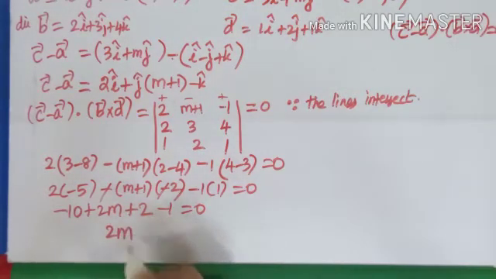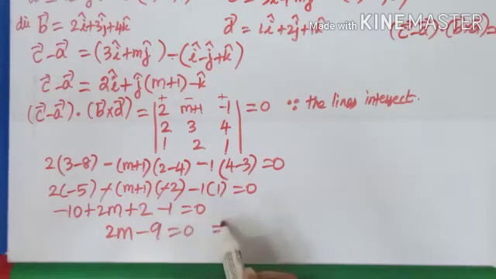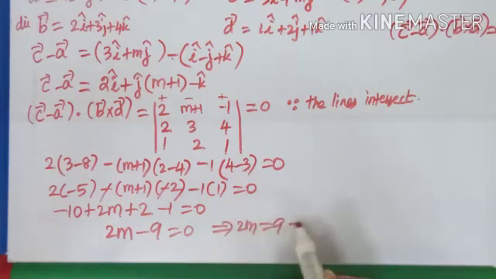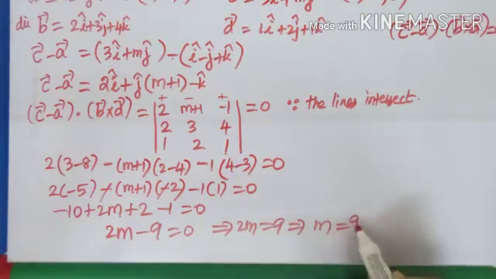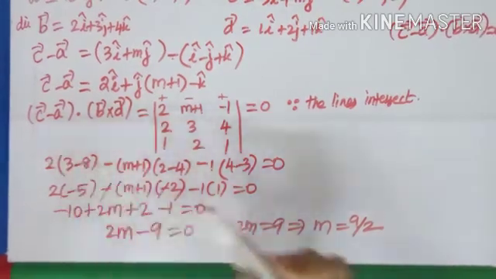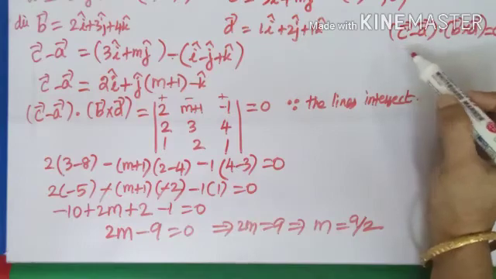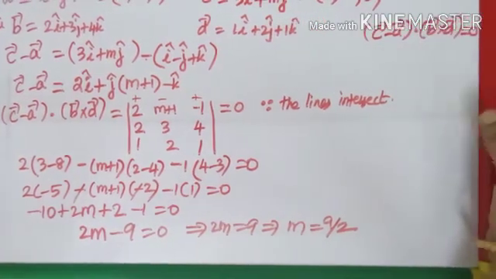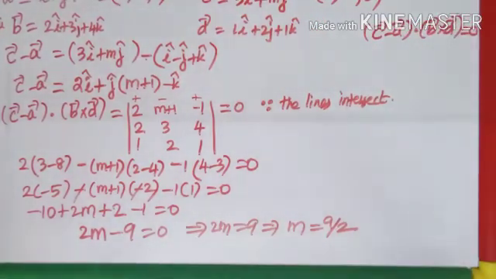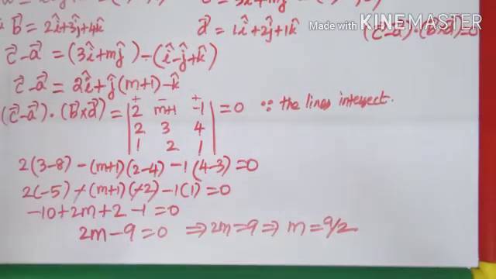Or we get 2m minus 11 plus 2, minus 9 equal to 0, or 2m equals to 9, or m is equal to 9 by 2. So we have got what is m value given the two lines intersect. So what is the condition for intersection? C minus A dot B cross D equals to 0. Using the condition, we have found m is 9 by 2.